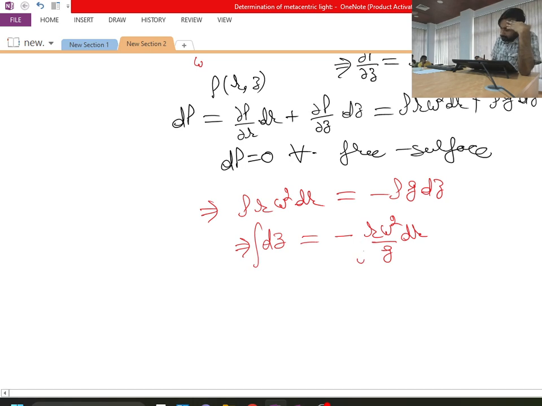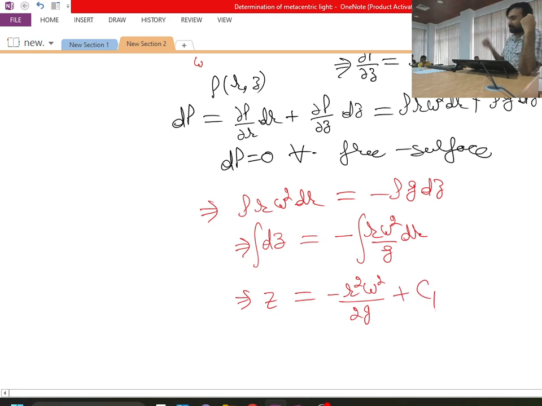Okay, so if I do integration of this, then I will be getting integration of dz is z equal to, what I will be getting over here, tell me. Minus r square omega square by 2g plus constant of integration.